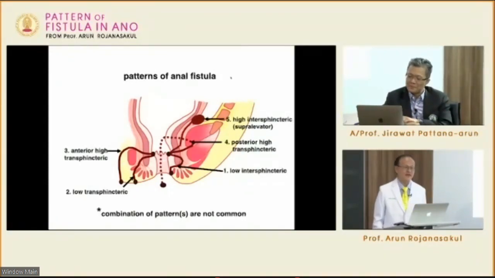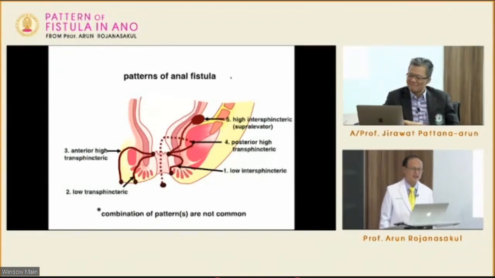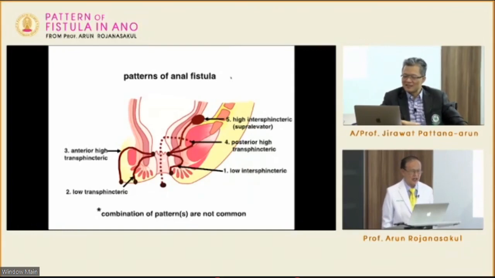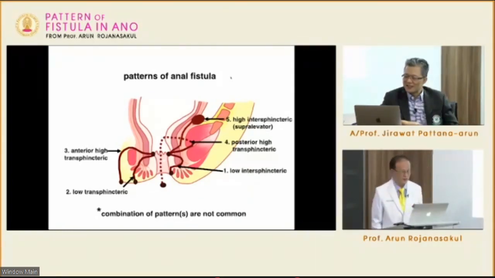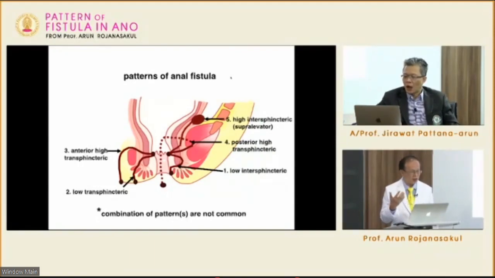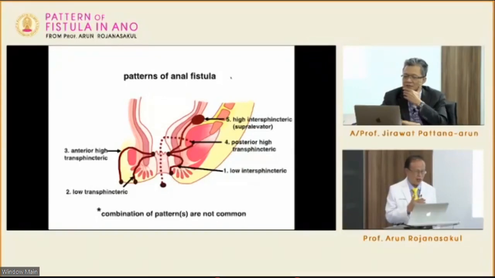If you have a large internal opening, sometimes we have a large fistula tract, and this has a high recurrence after LIFT operation. So for this type of fistula, you have to look at what type it is: type 2, type 3, type 4, or type 5. You can operate according to the type of fistula. I will explain more in the next part of my lecture.